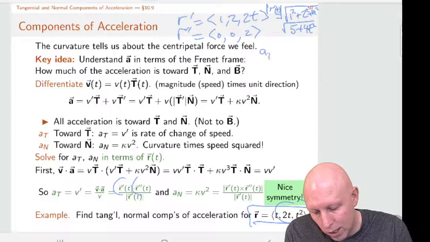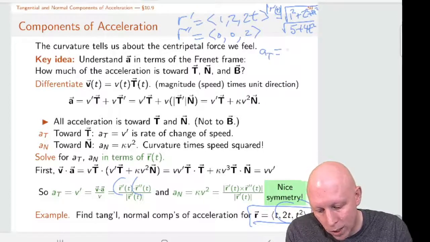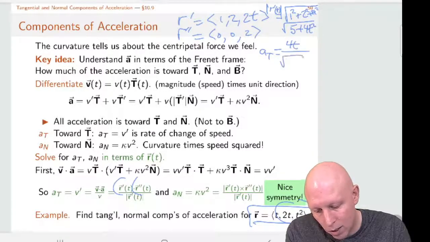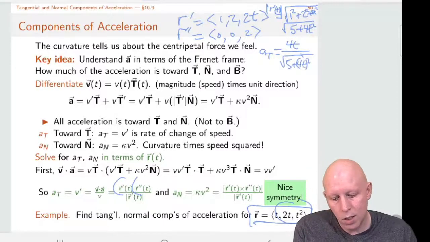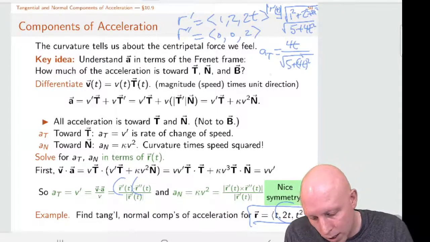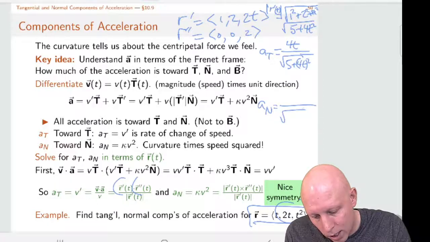The acceleration in the direction of the tangent is going to be the dot product of these two vectors. So 0 plus 0 plus 4t divided by the length of this, 5 plus 4t squared. And the acceleration in the normal direction is going to be the cross product divided by the same thing, 5 plus 4t squared.